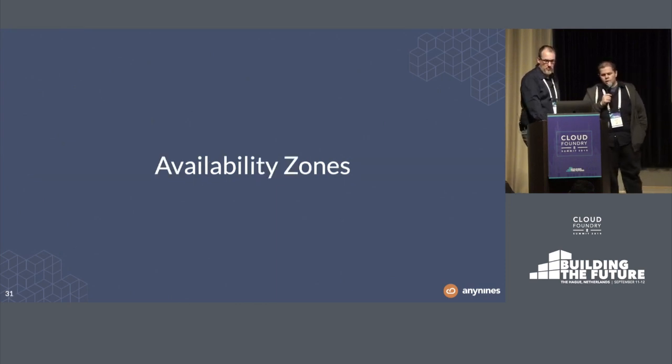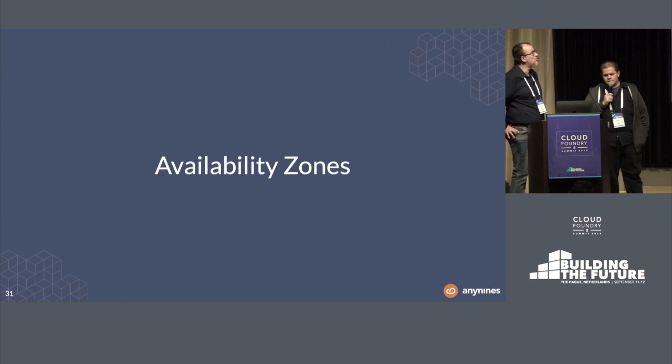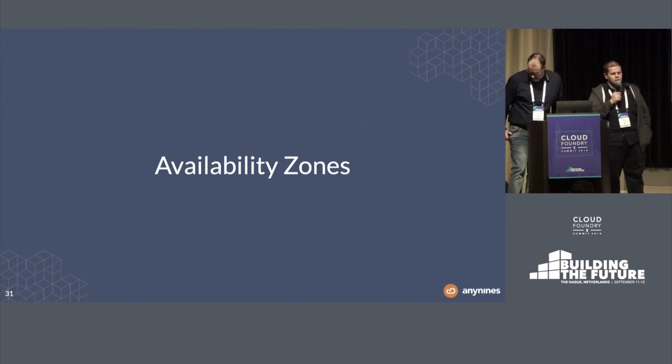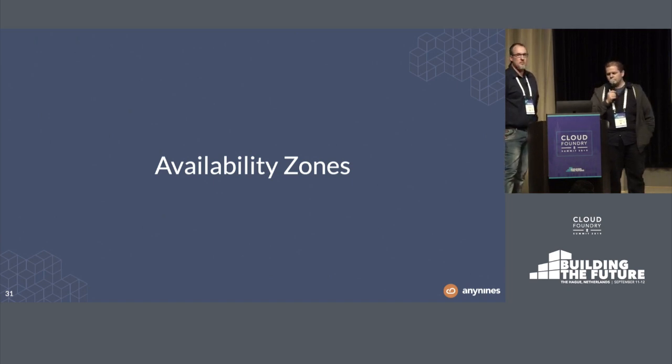BOSH also supports the concept of an availability zone. An availability zone is a physically and virtually independent data center. If you've been using AWS, then you know what an availability zone is, but basically it has its own electricity supply and network connections and all this stuff in order to make computers run.